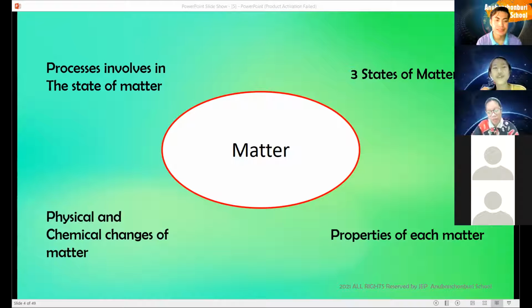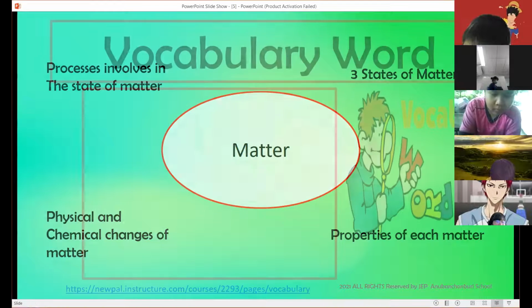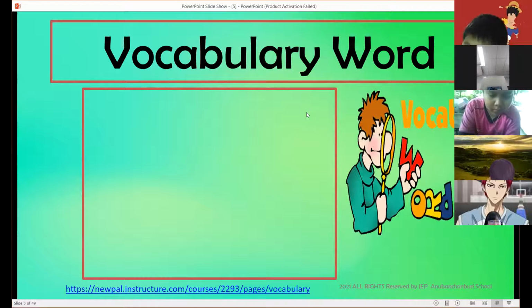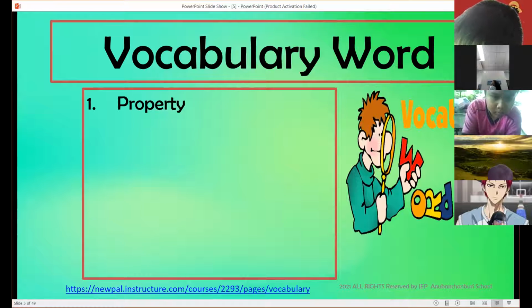All right, so let's begin. Can you still remember what are the 3 states of matter? Solid, liquid, and gas. Okay, so we have 3 states of matter, but there are not limited to only 3. There are actually 4, as some say 5. Plasma. Yes, plasma is number 4.